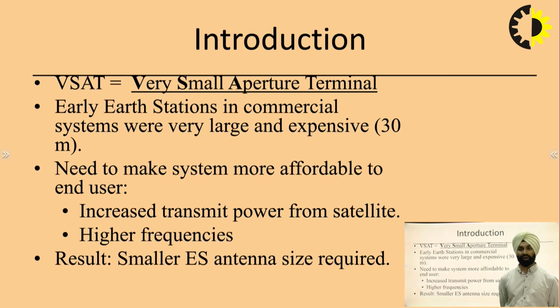This is required first of all to make the application accessible to the end user. This affordable application is possible only when we have higher transmitted power as well as higher frequencies. When we increase the frequency, the size of the antenna will decrease. As a result, we can get a very small aperture antenna at the earth station.